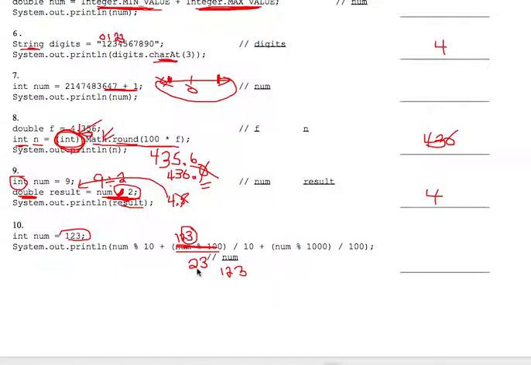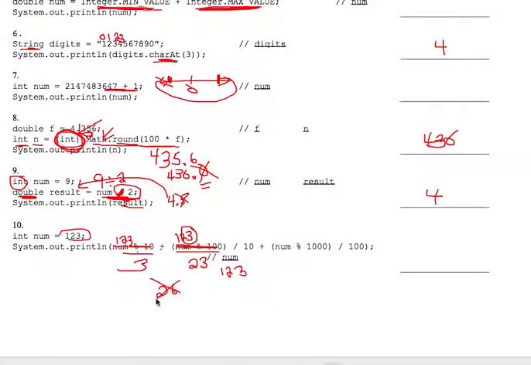And according to order of operations, you do mod before plus, and plus you're working left to right. When you mod by 10, the original num, 123, that's really just quickly extracting the ones digit. So that simplifies to 3. And 3 plus 23 is 26.